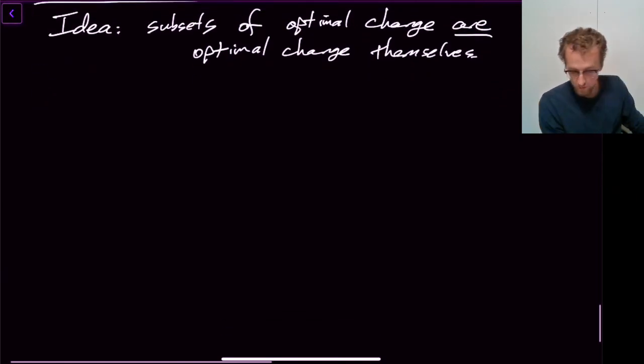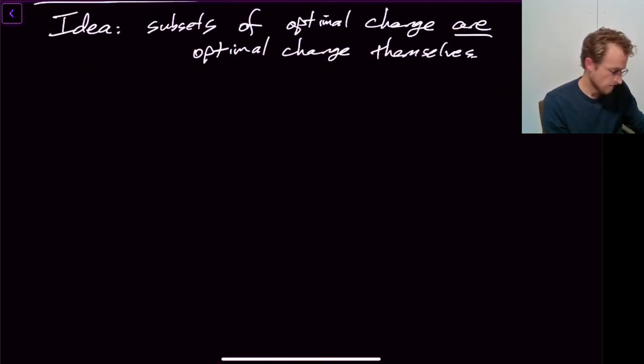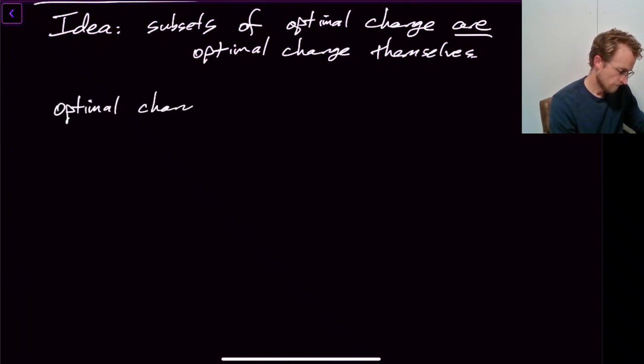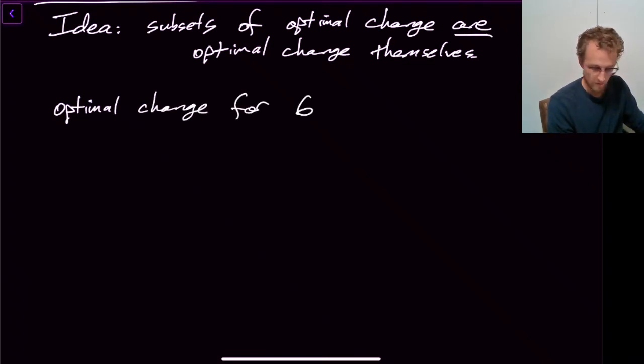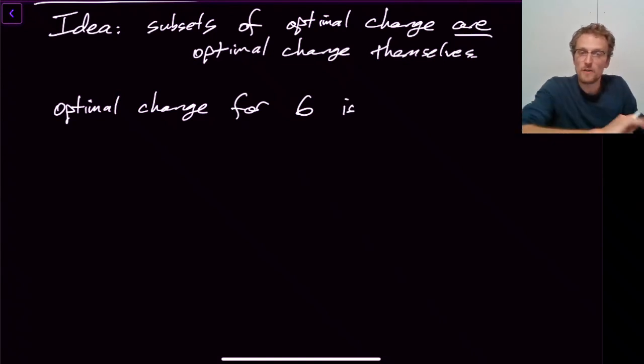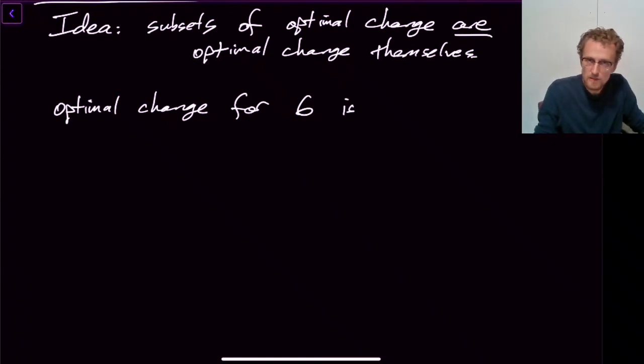In other words, what I can do is write something like this. The optimal change for 6, and this is supposing I knew nothing about what the optimal change actually is, but this is a fact of optimal change for 6.